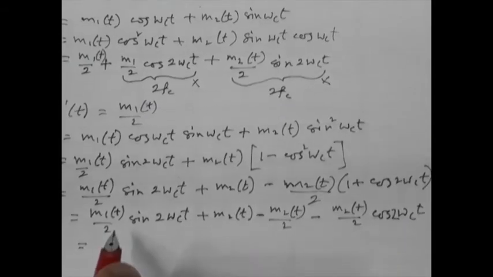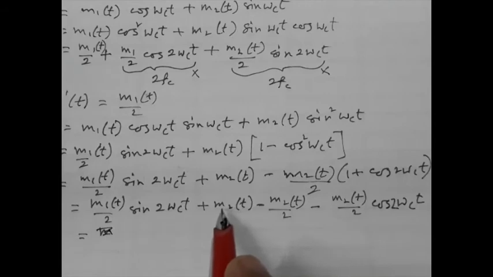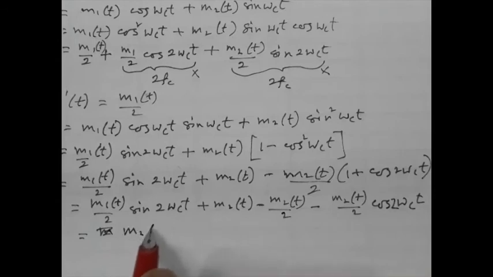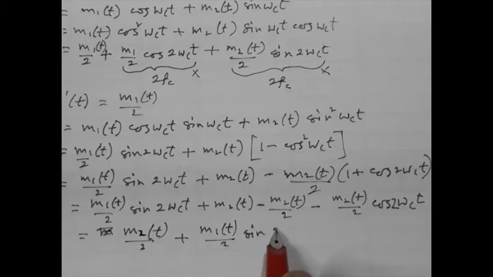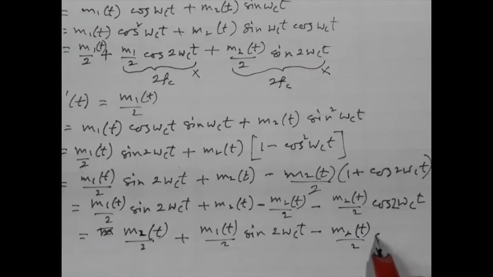That is equal to, I am taking this as a first term, so m2(t) minus m2(t) by 2, that means m2(t) by 2, plus m1(t) by 2 sine of twice omega ct minus m2(t) by 2 cos twice omega ct.